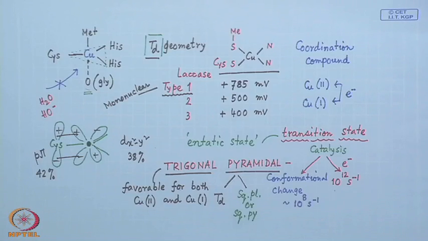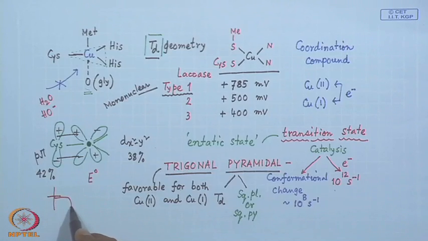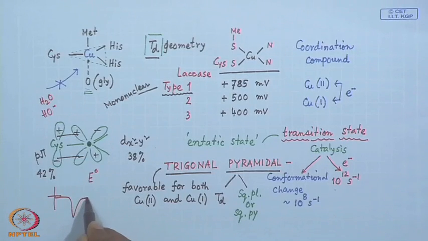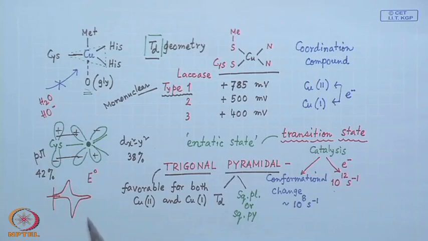When we directly measure it, in our next class we will see that we measure its different E0 values by looking at the corresponding cyclic voltammogram.